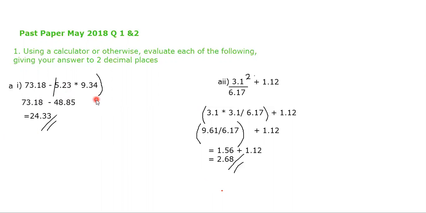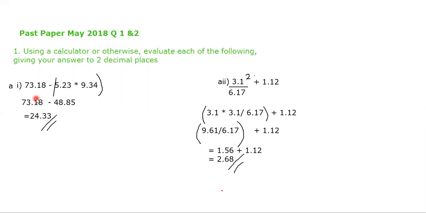Now, remember that the rule is we have the multiplication happening first. Anytime the addition, subtraction, multiplication, division, always put the multiplication and the division, always work those questions first before you go and work the subtraction part of the question.